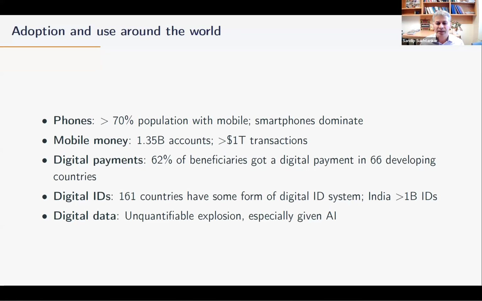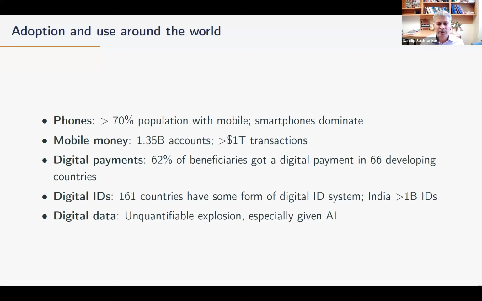For example, in India, over 1 billion people have the nationwide biometric ID, but it doesn't necessarily have to be biometric. For example, my university has now moved to a digital ID system rather than a paper card, right? So it's just some sort of verifiable ID that's in digital format.